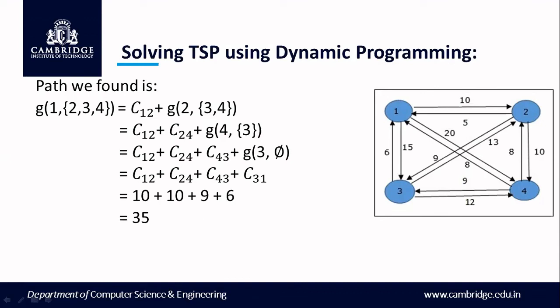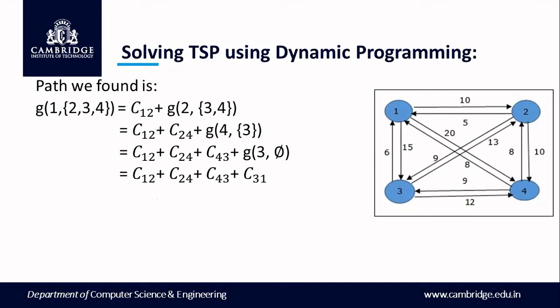So this is depicted in the form of 1 to 2, 2 to 4, 4 to 3, and back to 1. So in most of these directed edges, if we don't have any clashes, we may end up with one optimal solution. So this is one of the examples.